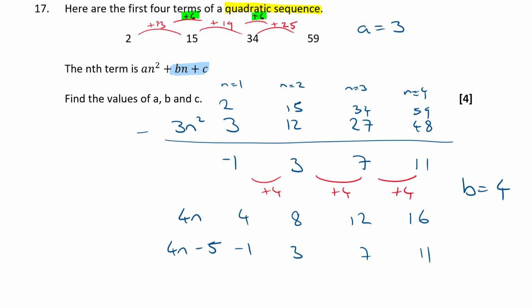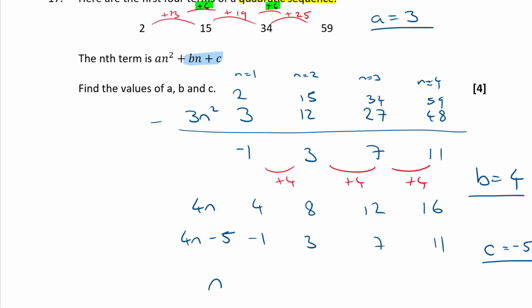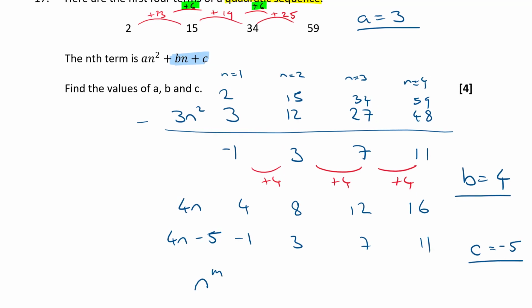So that means that c then is negative 5. So we found all 3 bits. A is 3, b is 4, c is negative 5. So the nth term, not that they asked us for this, is 3n squared plus 4n minus 5.